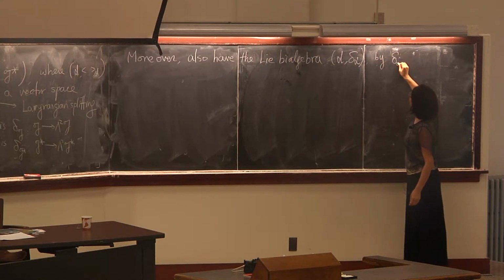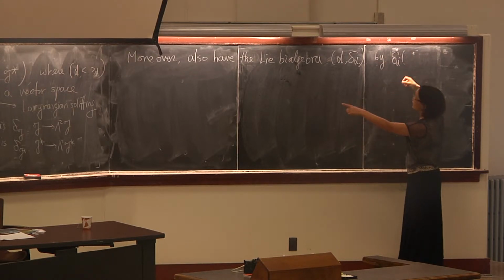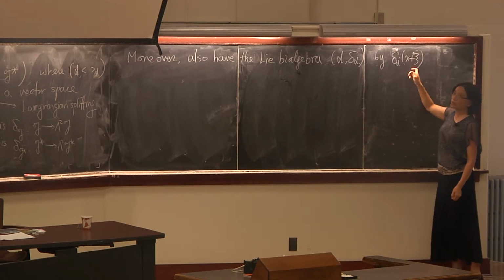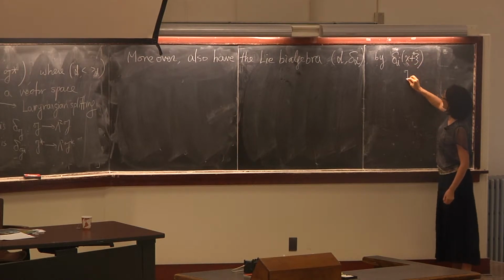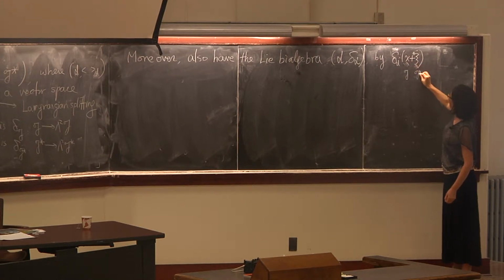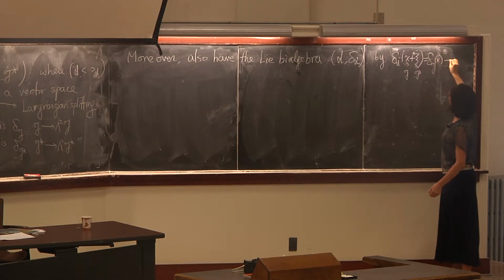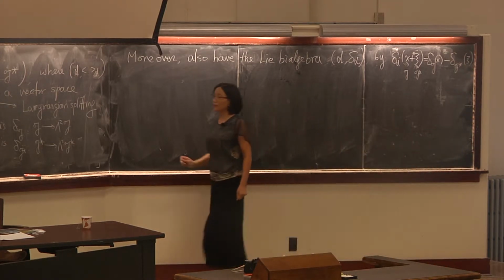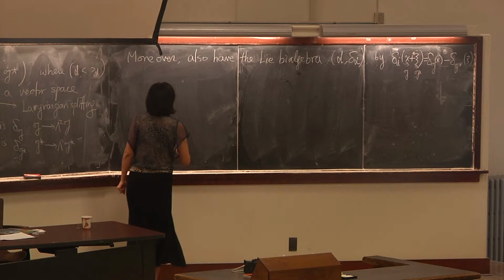delta D. So every element in D is a sum of something in G and something in G star. So this is in G, this one is in G star. So you simply take delta G on X minus delta G star on xi. Okay, so this is called the double.